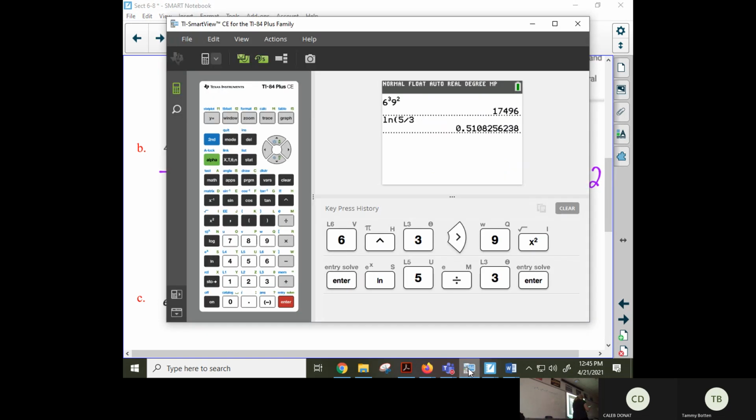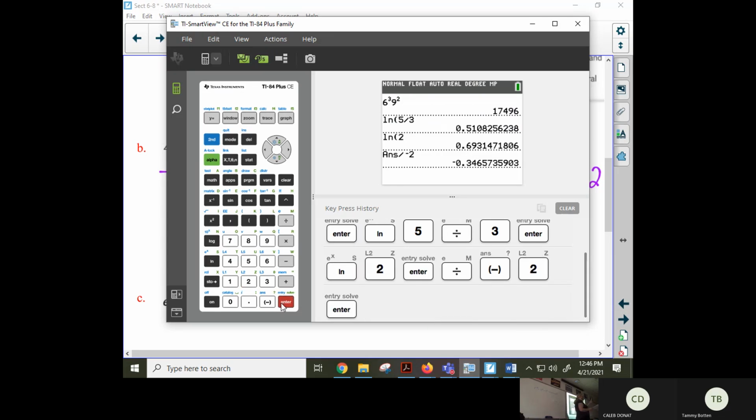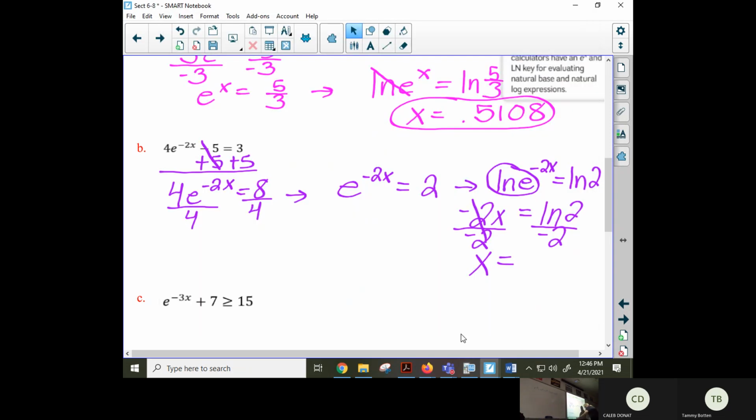So let me see. Is it natural log of 2 divided by negative 2? So we're going to go natural log of 2. You can either do a parenthesis or enter, and divide by negative 2, and we're going to put it to 4 places. So it's -0.3466, okay? So it's -0.3466.